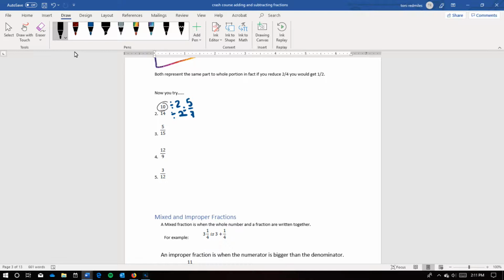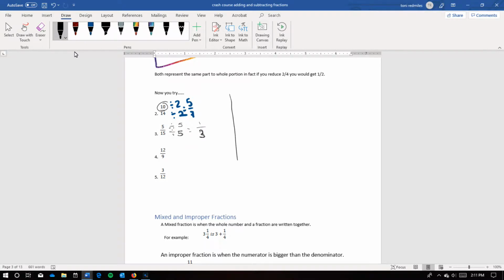Alright, so the whole point of this modeling is to get these reduced down. Both 5 and 15 are divisible by 5, which is going to give me a 1 and a 3. Because I'm dividing both top and bottom by 5. Whatever I do to one, I have to do to the other.